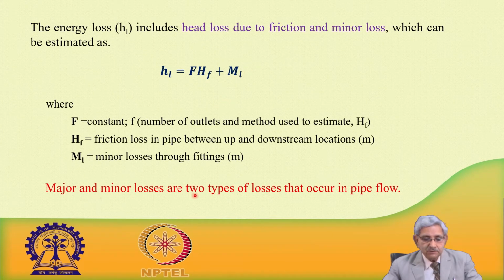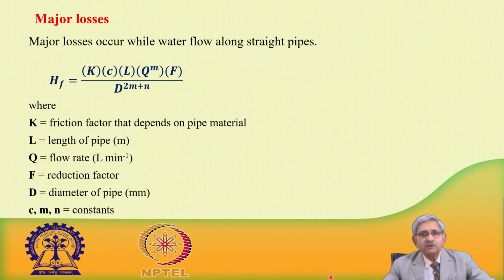Major and minor losses are the two types of losses which take place in pipe flow, and we will discuss them in detail. Major loss is the head loss due to friction, and minor loss is due to fittings and other accessories attached to the pipeline.